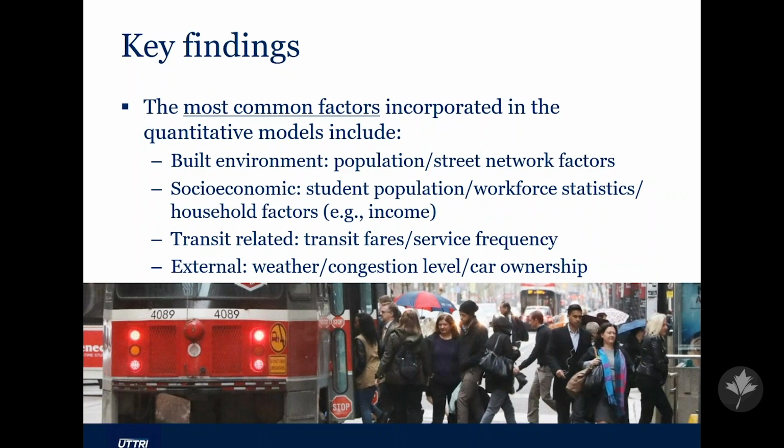With respect to internal or transit-related factors, transit fares, service frequency, and other factors have been used as independent variables in ridership prediction models. And in the last category, external factors such as weather, road congestion level, car ownership levels, and so on, were also used as explanatory variables in ridership models.